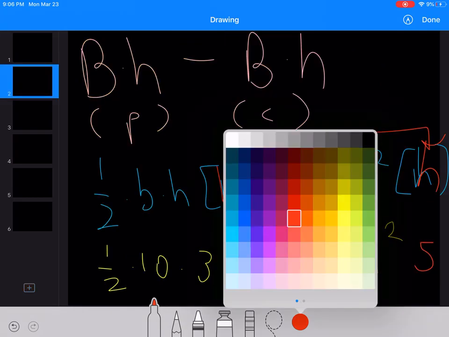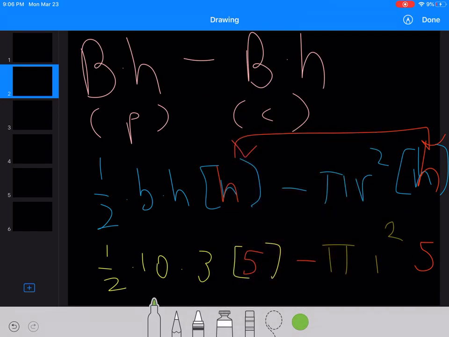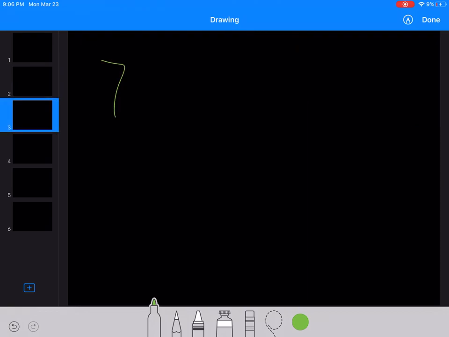So if we simplify this a little bit, 1/2 of 10 is 5. So let's just see what that is real quick. 10 times 3 is 30. 30 times 5 is 150, and 1/2 of 150 is 75.